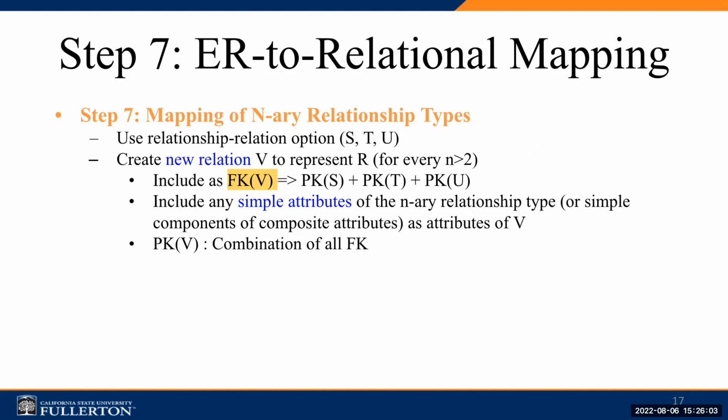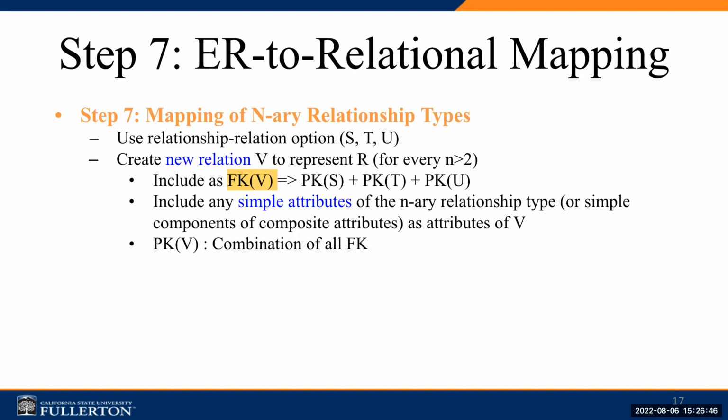In step number 7, we look into mapping any of the ternary relationships, and you would consider creating a new relation to represent every relationship which has more than two entities. Now, you would also have the foreign key of this new relation be the combination of all the primary keys.